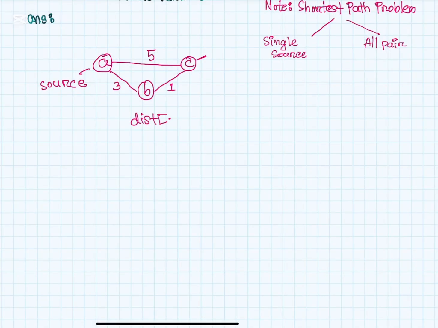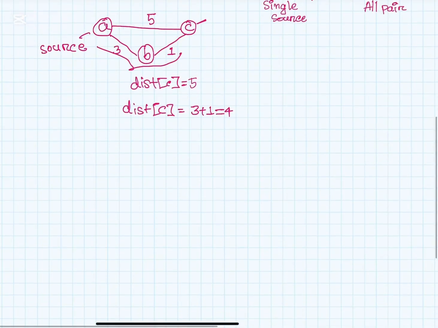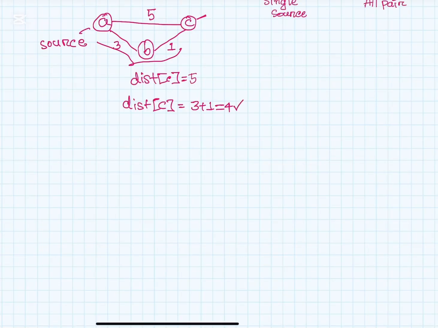So dist of C is equal to 5. But if we take this path, we can say the distance of C is equal to 3 plus 1 equals to 4. So 4 is obviously the smaller one. So the shortest possible distance is 4, right?